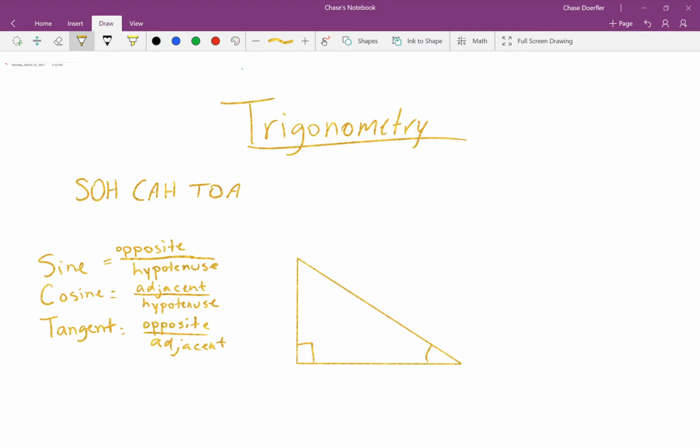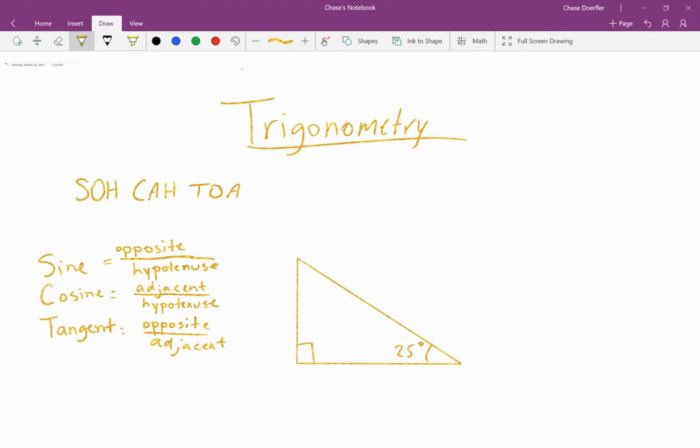This would depend on the sides that the angle is either opposite to or adjacent to. So I think we can start with a demonstration. I'm going to give the angle measure 25 degrees.